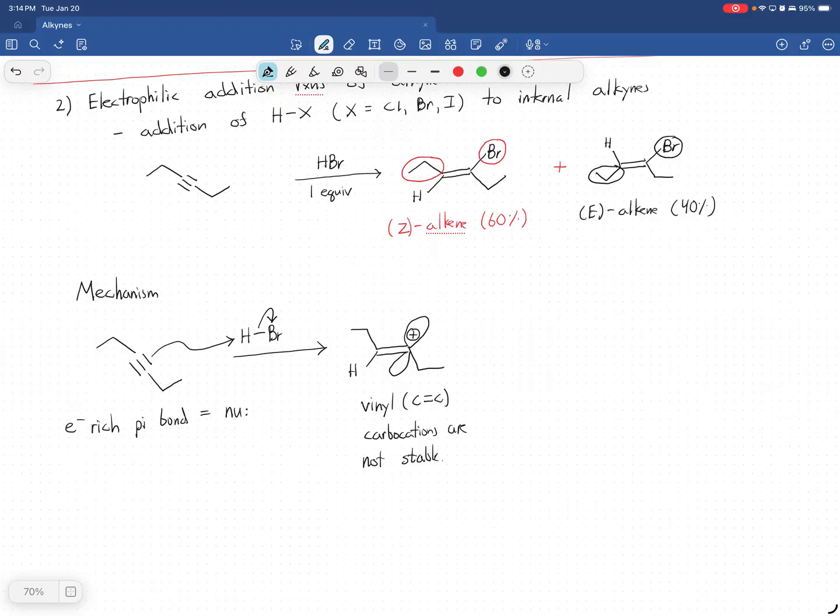So when we break this triple bond here, we're actually breaking one of the pi bonds, and now that carbocation is in a p orbital, but it's not in one that can be stabilized by these adjacent carbon groups here, okay? So see these adjacent carbon groups here? These groups can't stabilize the positive charge by hyperconjugation.